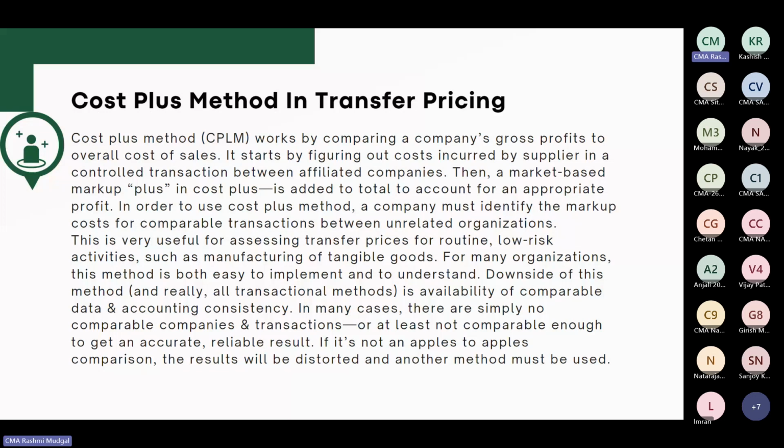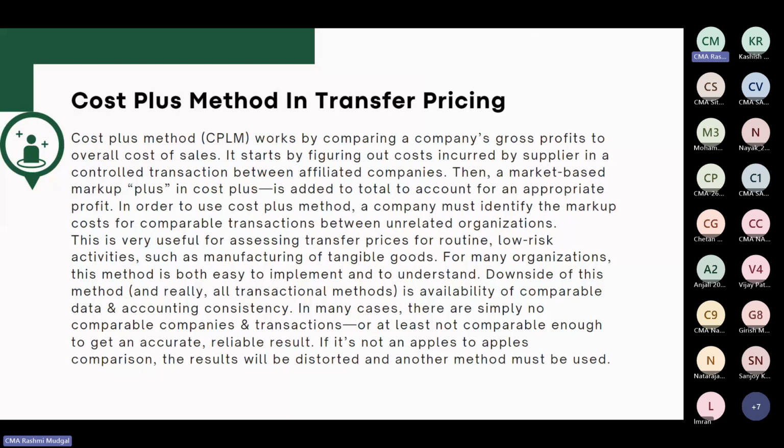It starts by figuring out the cost incurred by the supplier in a controlled transaction between affiliated companies. For example, if there is an Amul company making a profit of 10%, and they are sending their milk to the butter department and not putting 10% as their gross profit percentage, they are not doing it right.